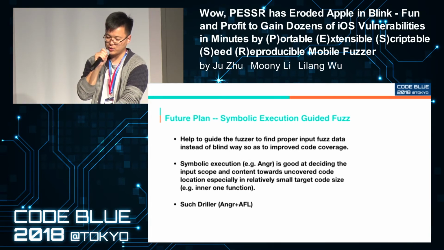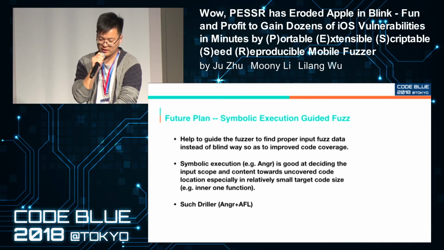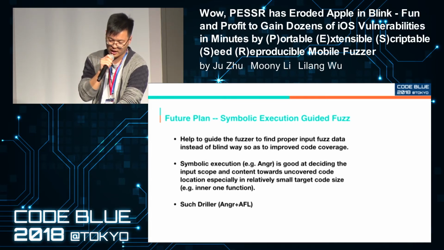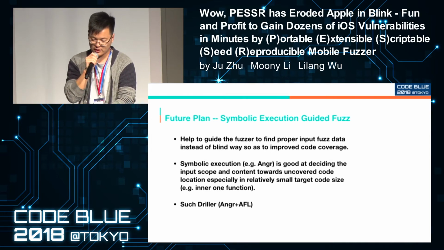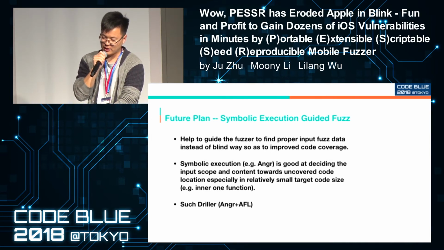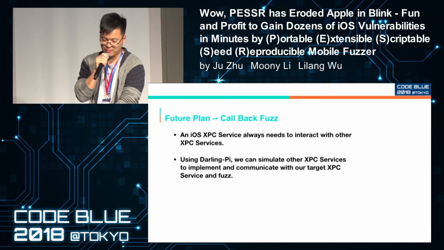What's more, in order to improve the quality of input data for the fuzzer, symbolic execution will be introduced to get the input constraints. And there are already some excellent open source tools for assembly symbolic execution, such as Unicorn. We have mentioned daemon play before.